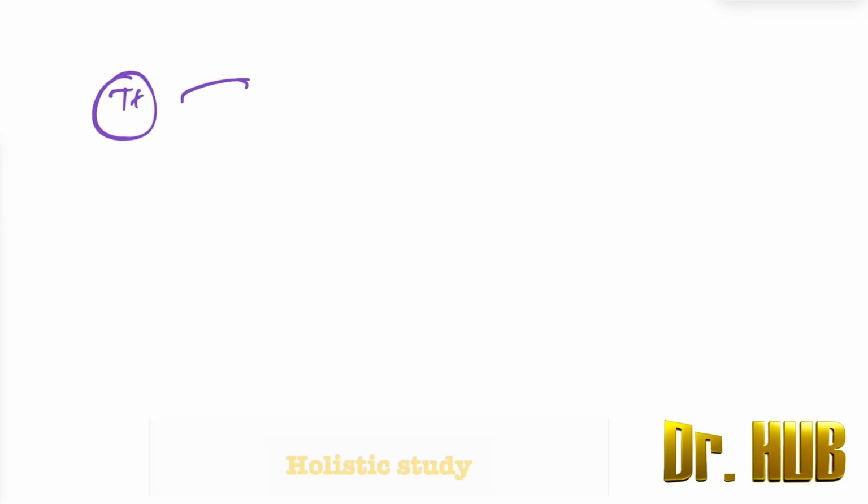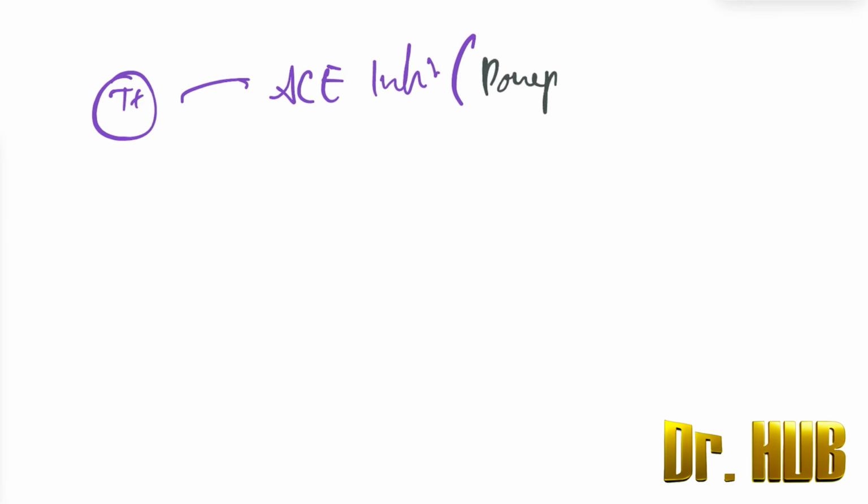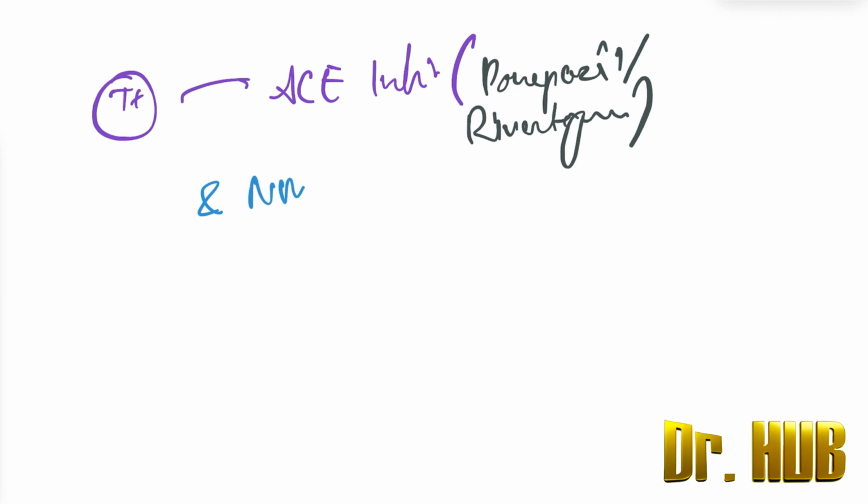The treatment is by administering acetylcholinesterase inhibitors, which include donepezil, then rivastigmine, and also NMDA antagonists. An example here is memantine.